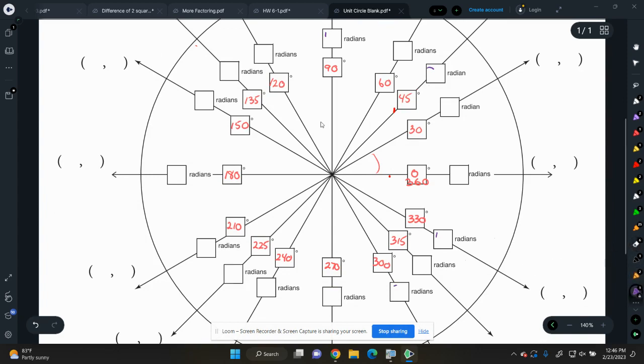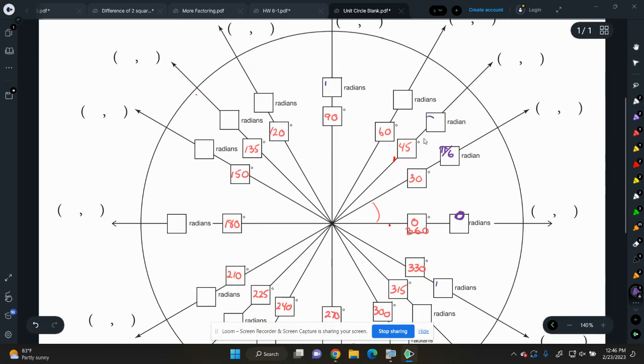So starting with 0 degrees, that is 0 radians. Okay. 30 degrees, how many radians is that? Pi over 6. Okay. Now, I'm going to skip and show you how I fill in the radians. Every 30 degrees is pi over 6, or another pi over 6. So we've got 30 degrees, so another 30 degrees brings us to 60 degrees. We're going to ignore the 45 degrees for now.